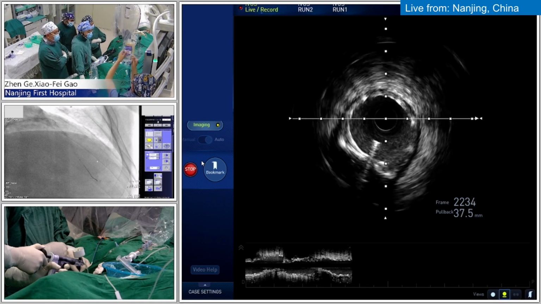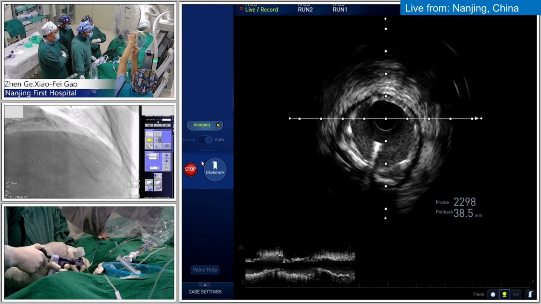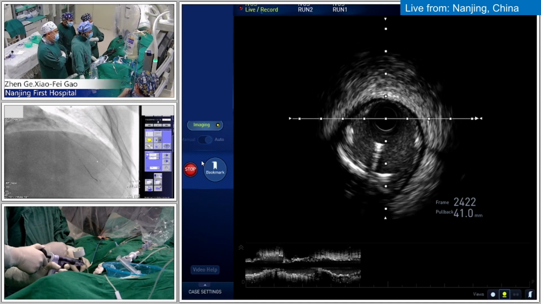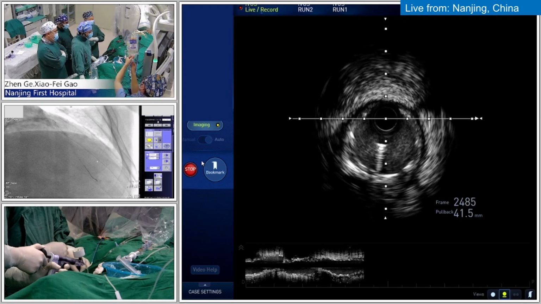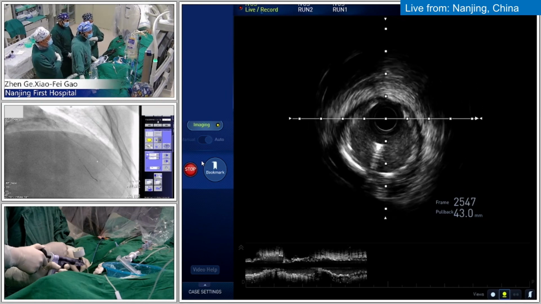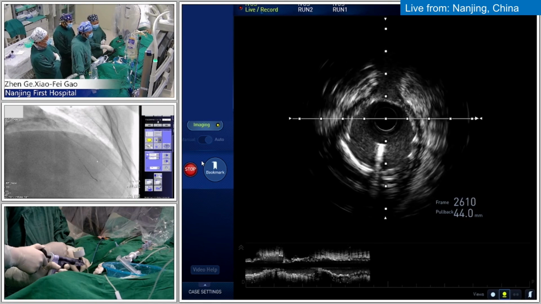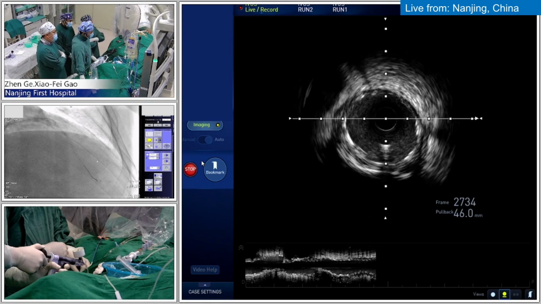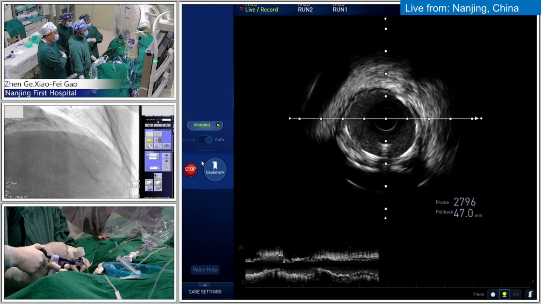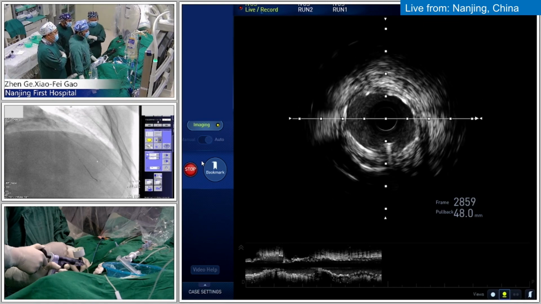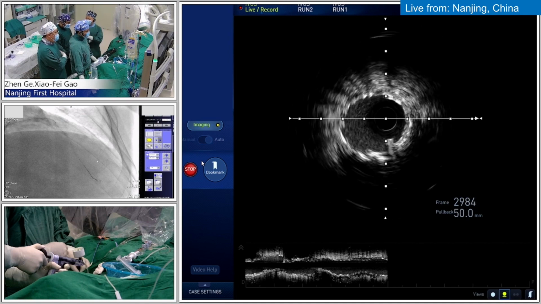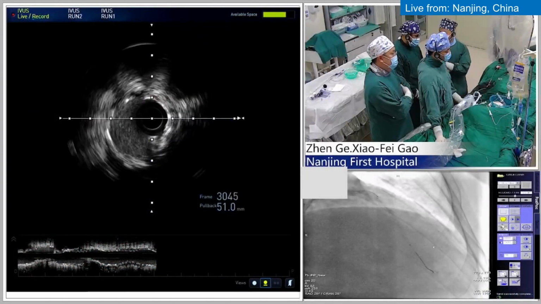And how much is the volume of structural heart at your institution? I'm sure getting a national number is very tricky because those numbers keep changing, but you're doing more and more structural every month. Yeah, we do structural every month, but structural intervention in China is probably delayed compared to Europe or the USA.